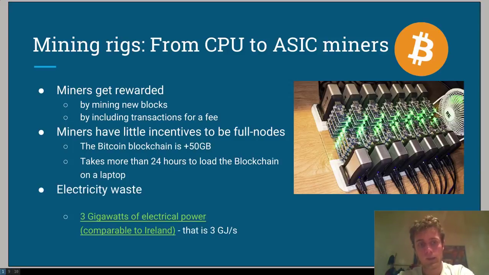All right. And also a big thing in Bitcoin is the waste of electricity and energy. So if you think about it, 3 gigawatts, or 3 gigajoules per second, is the amount of energy that's being used in Ireland now.